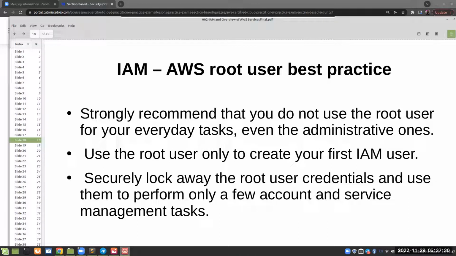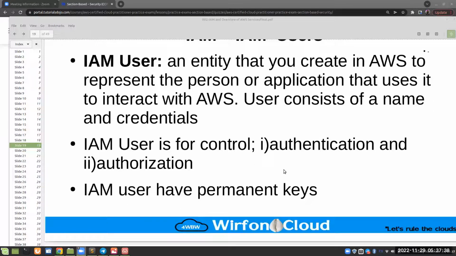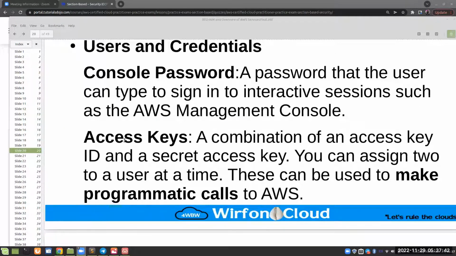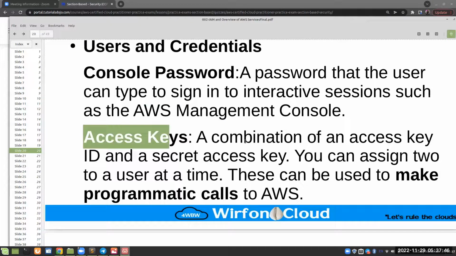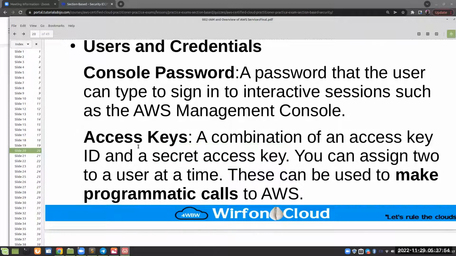In our notes, you have to securely lock away the root user credentials, and what you also have from that is the access keys. You should always lock away the access keys. And remember, we did define access keys. It's a combination of the access key ID and a secret access key, and you use this where you want to make programmatic calls.